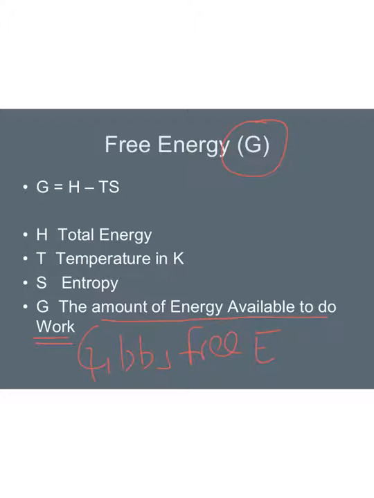So Gibbs free energy is the amount of energy available to do work. This is like that available balance in your checking account. That other $50 is still there, but it's no longer available for you to spend.